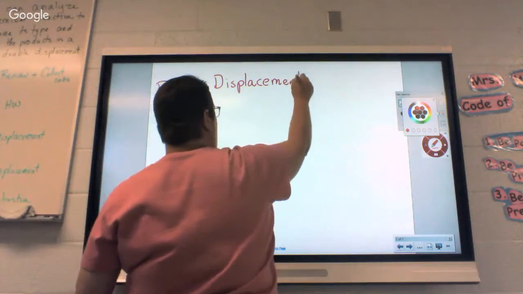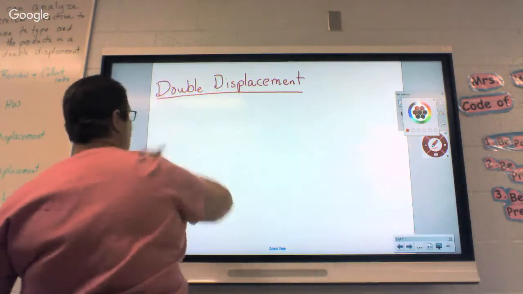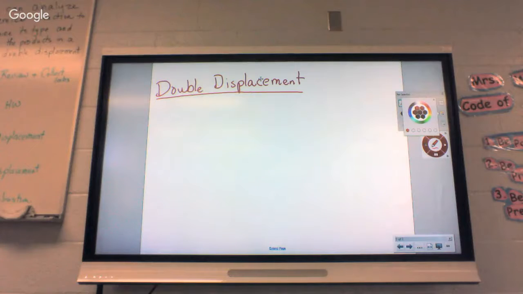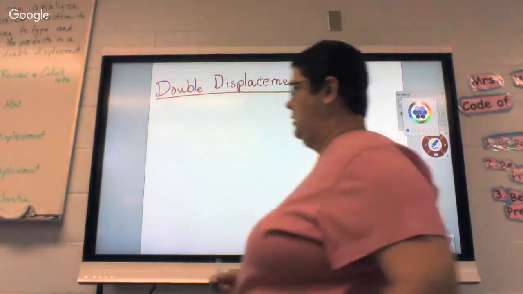All right, double displacement works the exact same way, which is why I do them at the same time. They're identical. We're going to do an example or two just so you have the way it works.